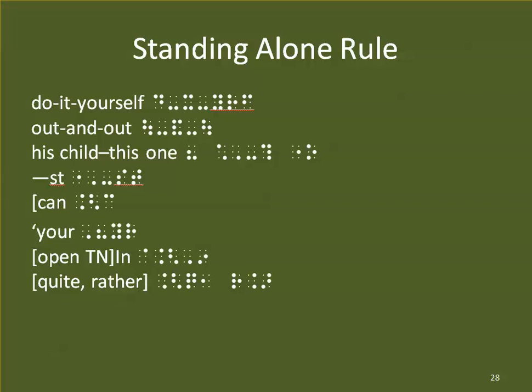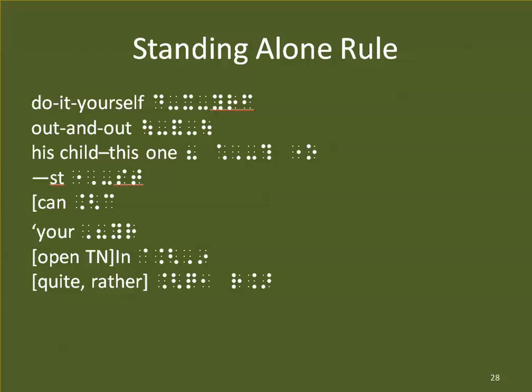YR has an opening quotation mark on one side of it and a space in front of that, and a space after the R, therefore YR is standing alone, and we read it as the contraction for your. If we had an opening transcriber's note, the contraction for IN is still standing alone because it has an open transcriber's note in front of it and a space on the other side.